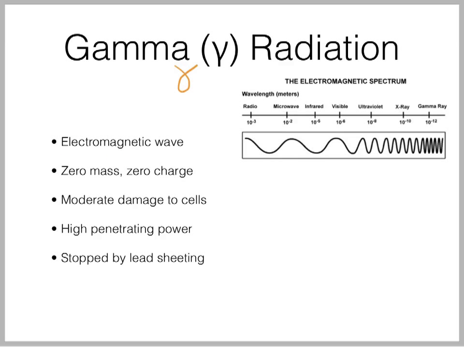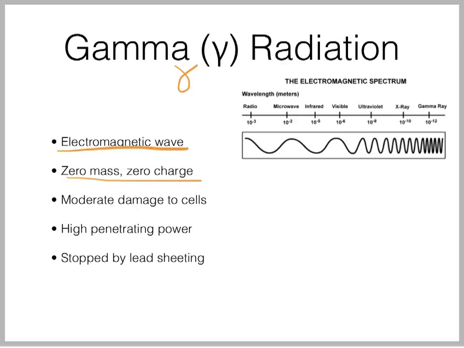If you remember the electromagnetic spectrum, gamma rays are at the high frequency, short wavelength, high energy end of the spectrum. So they, generally speaking, have quite a lot of energy. So, electromagnetic wave, zero mass, zero charge, again because it's an electromagnetic wave.